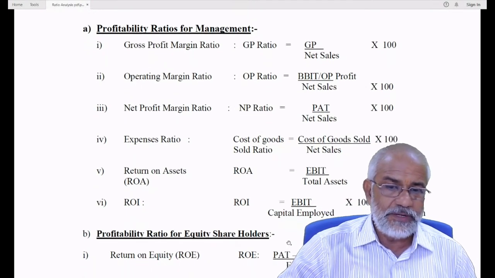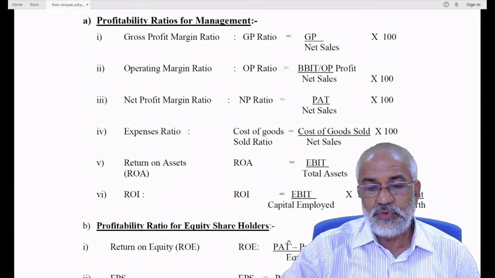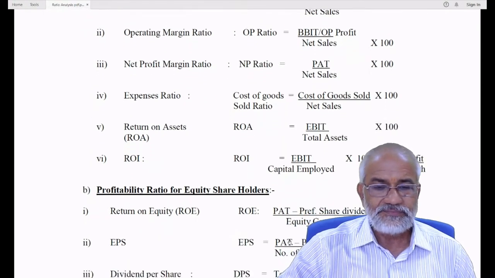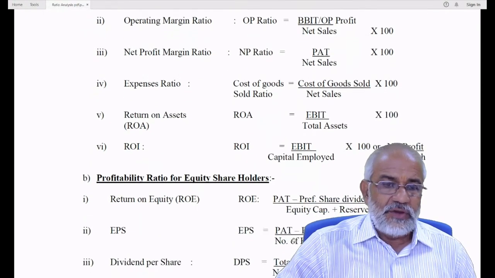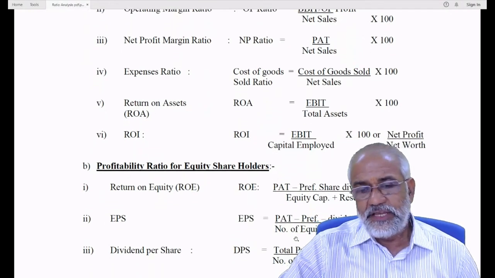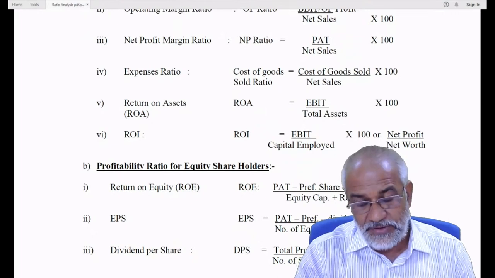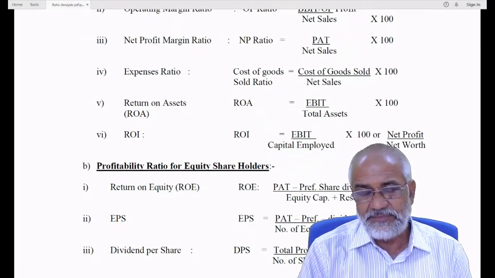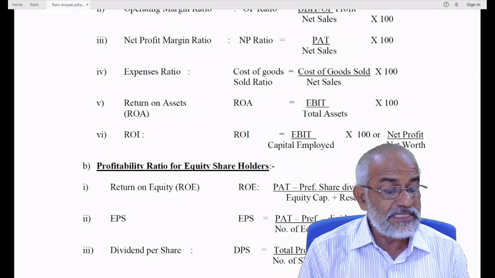Then let us go to the profitability ratios where the equity shareholders are interested. Under that category, the first one is the return on equity, ROE. Return on equity is equal to profit after tax minus preference share dividend, or the dividend payable to the preference shareholders.